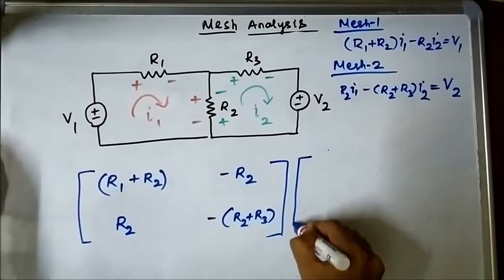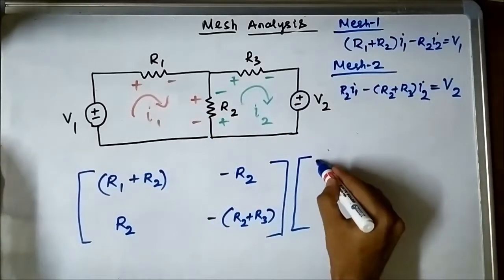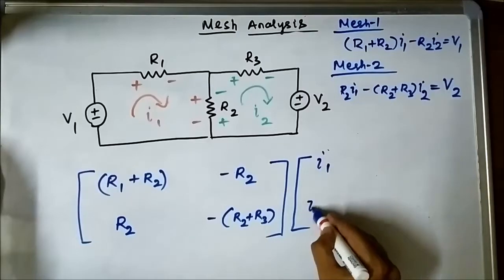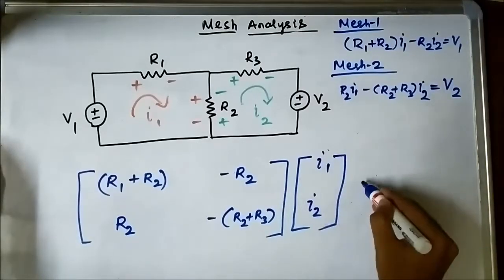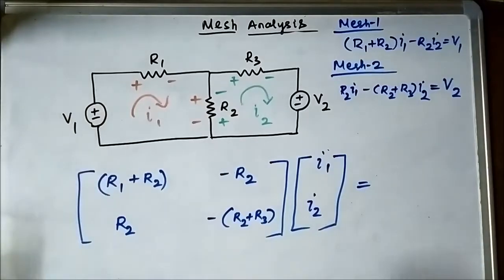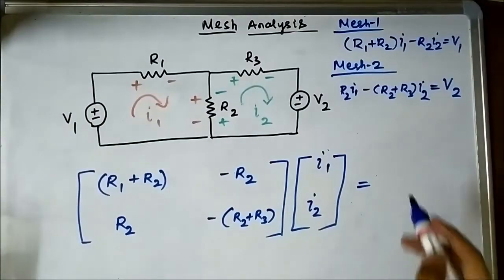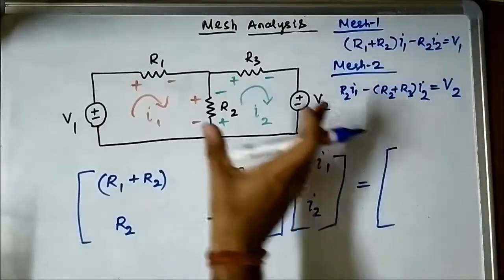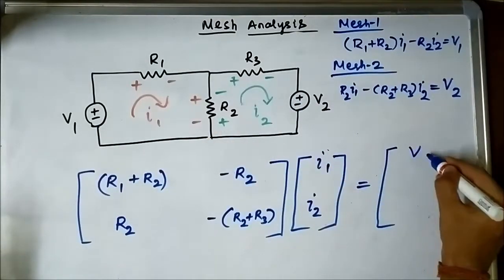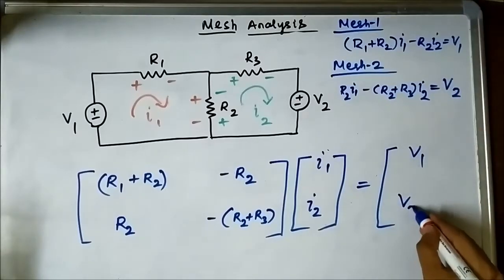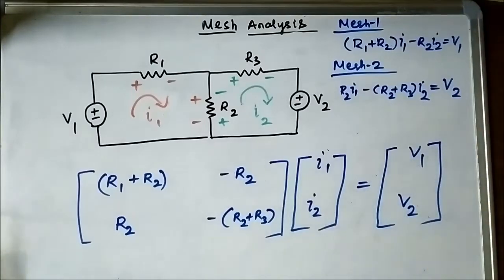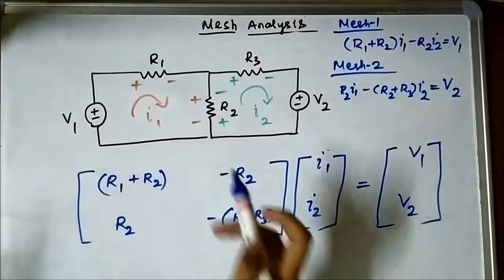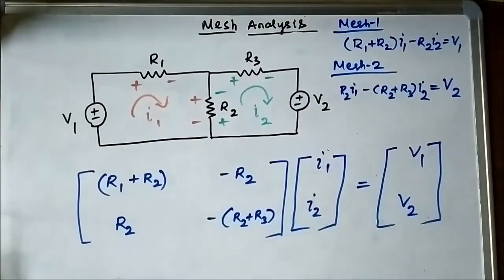The two variables involved here are the two mesh currents, I1 and I2, and the two constant values generally given in the circuit are the two voltage sources, known values. The DC voltage sources we have taken in this case, V1 and V2, as per these two equations. So this is the matrix form of arranging the KVL equations or the mesh equations.